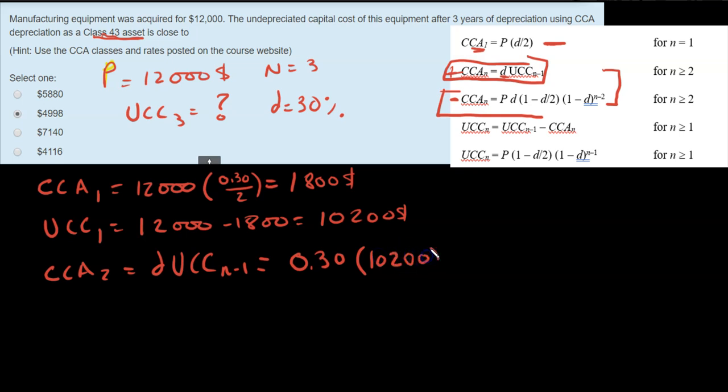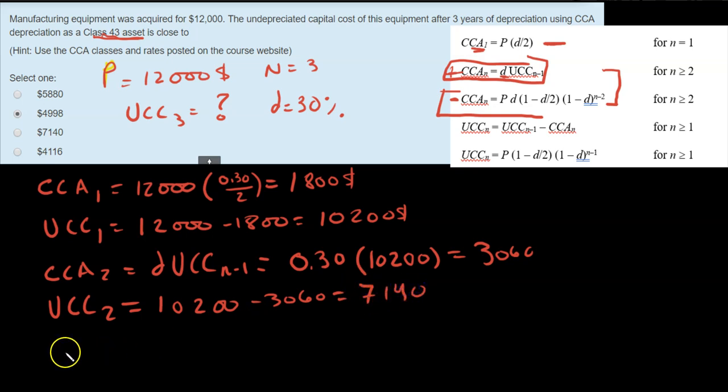That's what it means. 0.30 times 10,200 is 3060. And the undepreciated capital cost at year 2 is simply previous year's UCC minus the new capital cost allowance at year 2. And that gives us 7140.